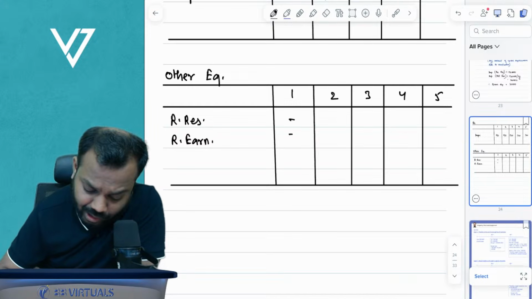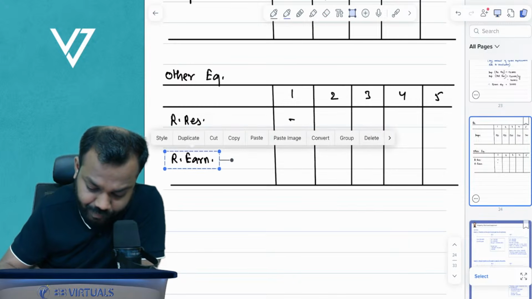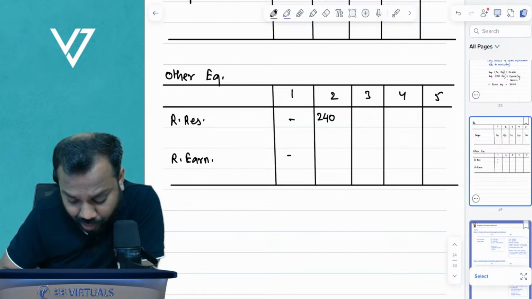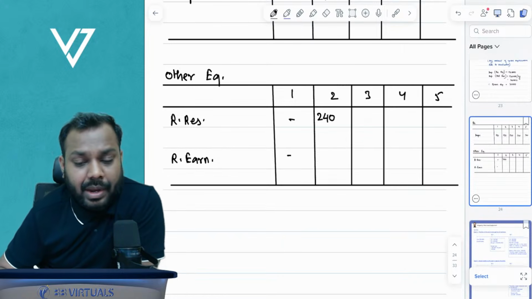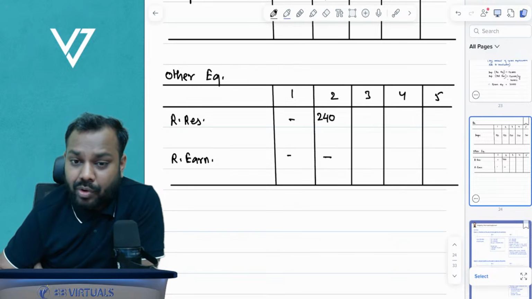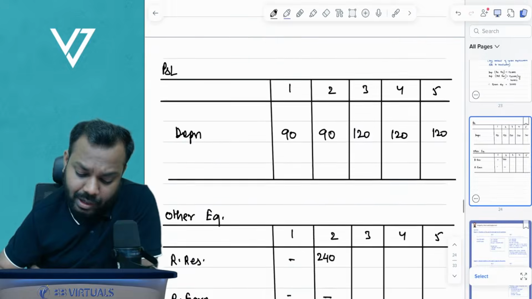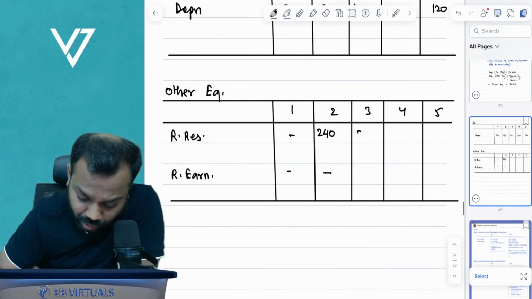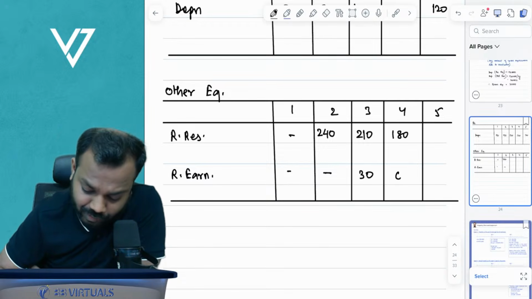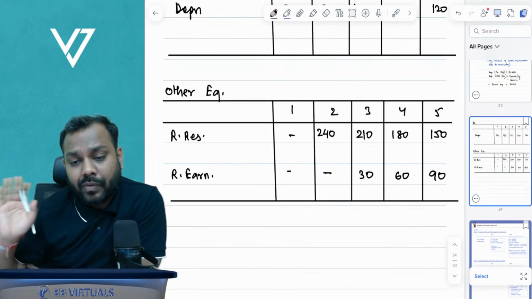Year second, we created a revaluation reserve of 240. Nothing in retained earnings. But from third year end, I will transfer a portion of revaluation reserve to retained earnings by 30,000. So this will become 210, and retained earnings 30. Then 180 and 60. Then 150 and 90. This will continue forever.